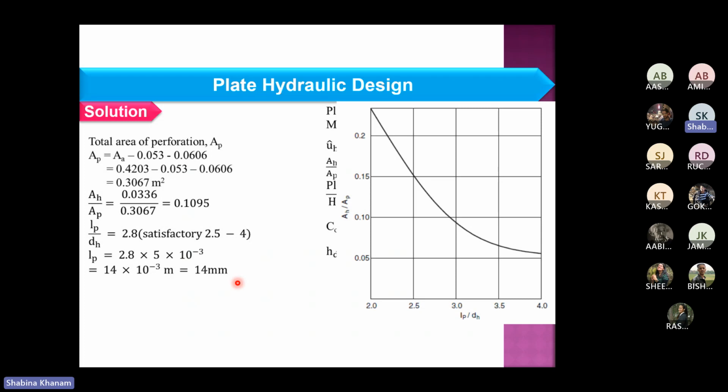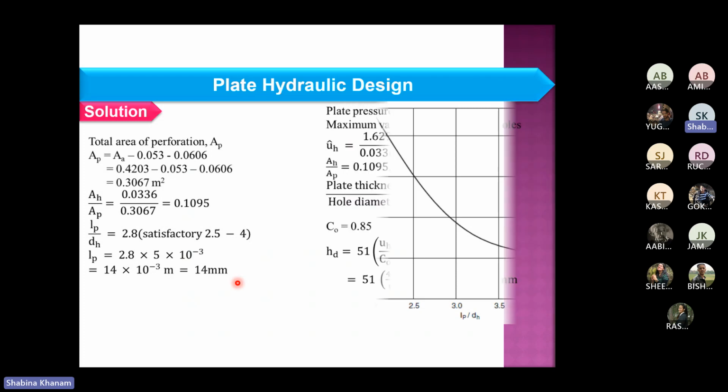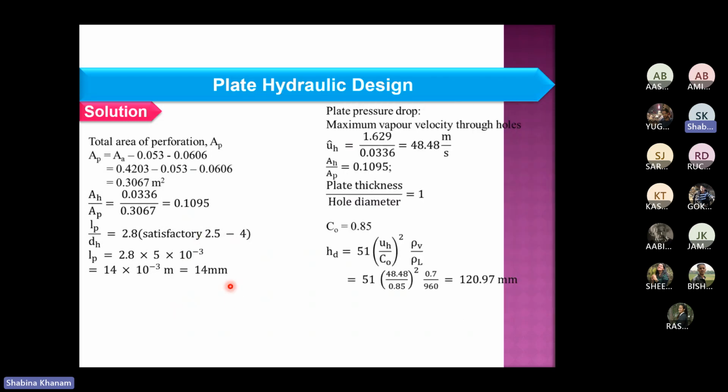So LP you can find as 14 mm. Now once you have this 14 mm, that should be the hole pitch. In this way we can find out the perforated area.